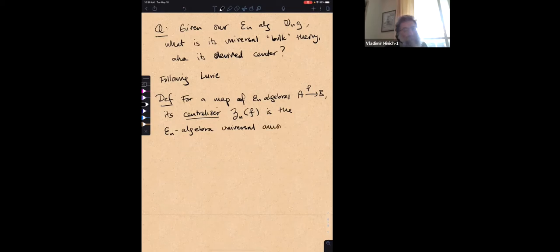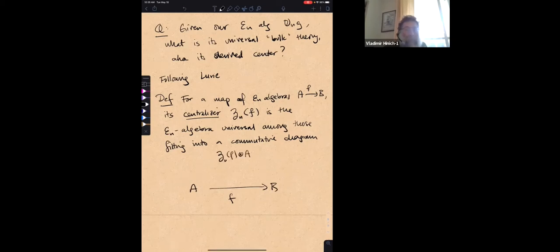universal among those fitting into a commutative diagram. I'm just going to draw the one that's relevant here. So we have A going to B via F. We can take the tensor product of A with some other EN algebra.